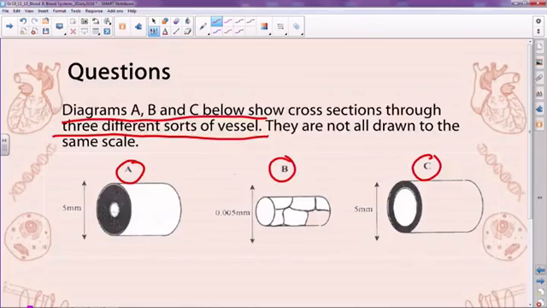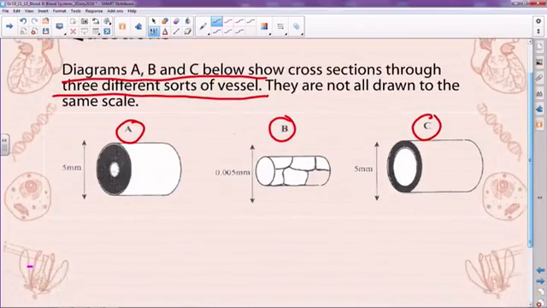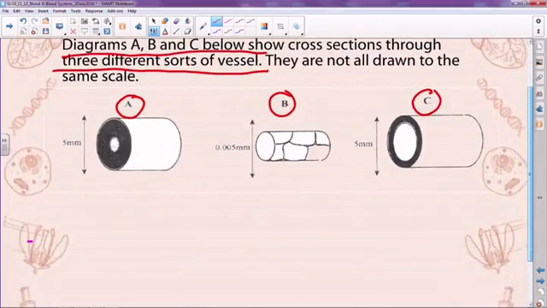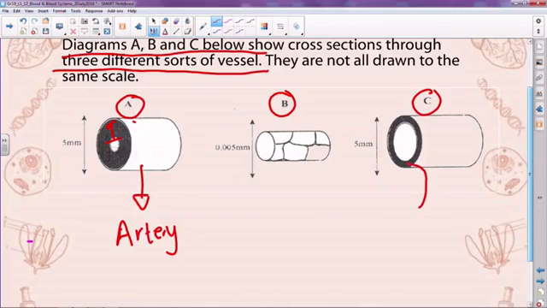All right, we're going to do that over here on the notes. Number A, look at the amount of muscle. That should tell you lots of thick muscle, that is an artery. Okay, the next one, which would then make this one, because it's got different layers, a vein, which means that the very, very small single layered one would be the capillary.